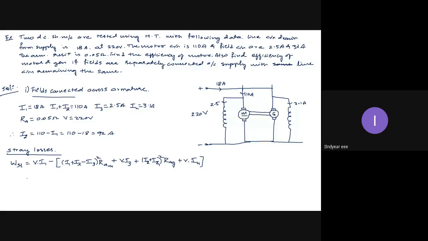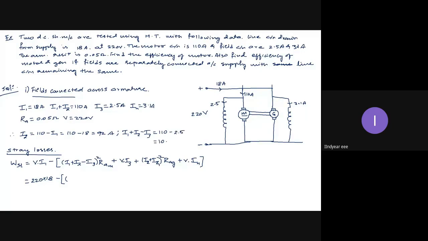So this is equal to 220 into 18 minus. I will write it separately here because many times I have to use I1 plus I2 minus I3, which is 110 minus 2.5.